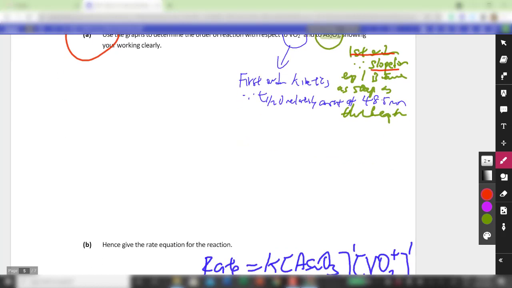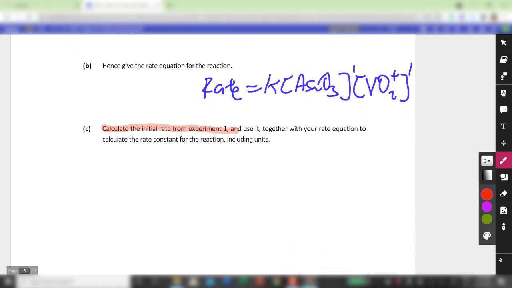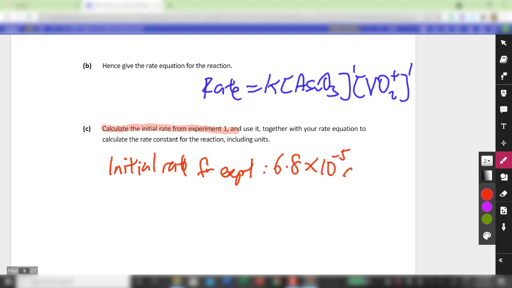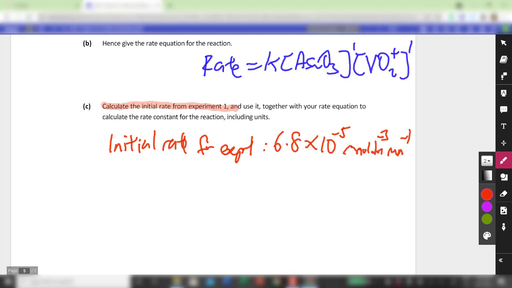In this case, based on the teacher's reading, the initial rate for experiment 1 is found to be 6.8 times 10 to the power minus 5 moles per dm cube per minute. You will get a value that is quite close. It need not be exact.